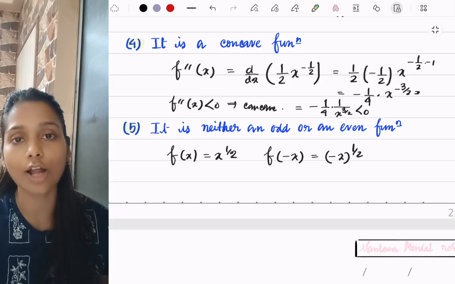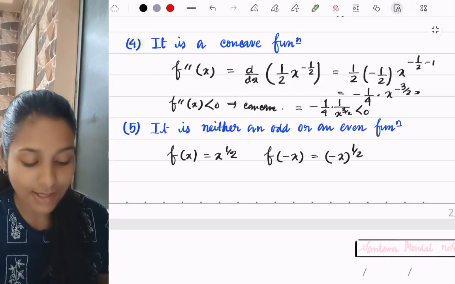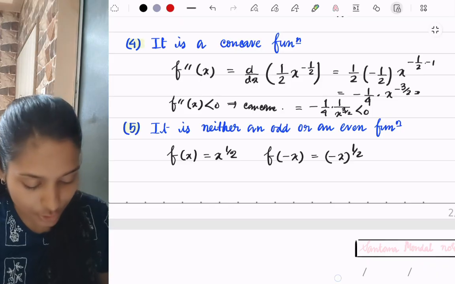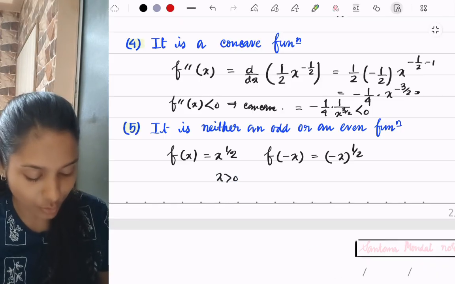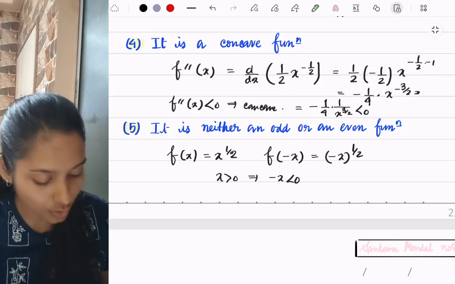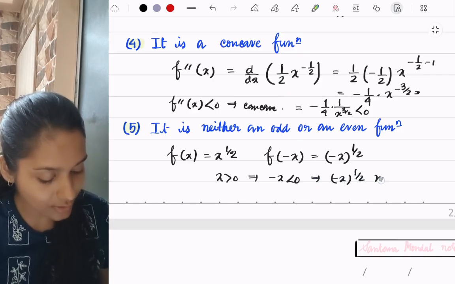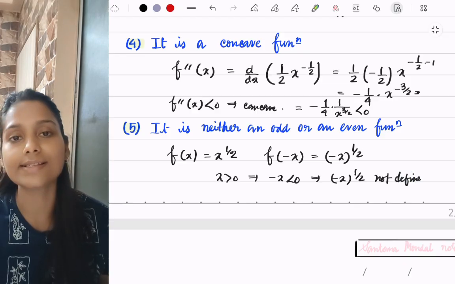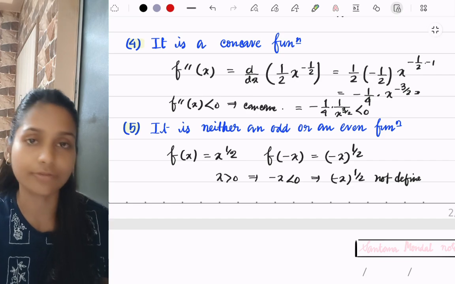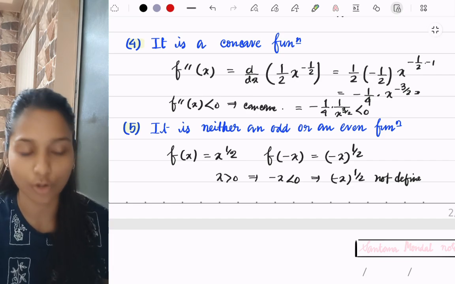The minus x power half is not defined, as for this function f(x), the domain is x greater than 0, so minus x is less than 0. So f of minus x is not even defined, so we cannot conclude that the function is even or odd. It is neither even nor odd.